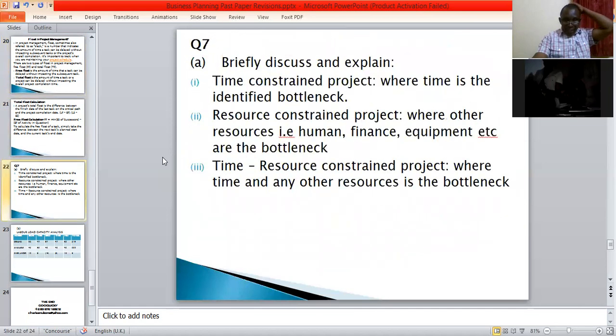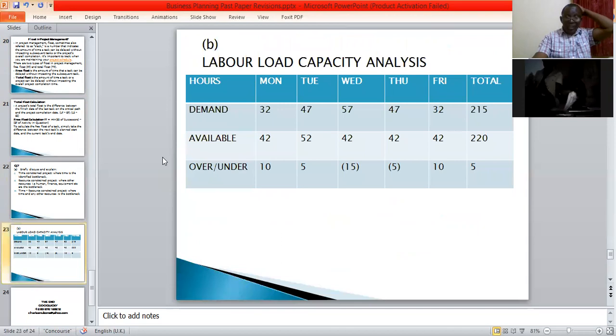So let's also look at B. They wanted you to calculate the labor loading capacity. All you need to do is draw this table. Put the demand there and the available here, then over and under somewhere here.